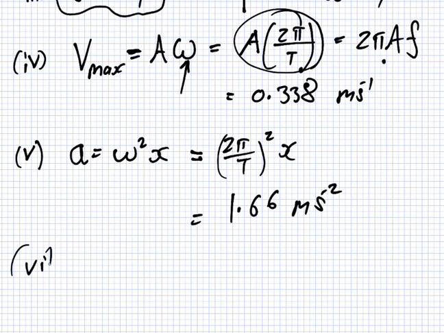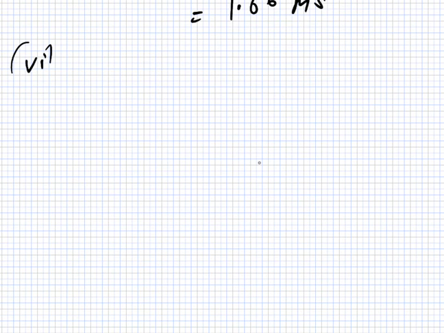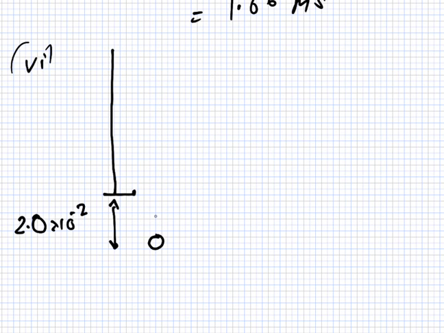And finally, what's the time taken for the mass to move from that position to that position? Okay, so this is a little bit messy. So you have it here, and here's the equilibrium, and it moves from this position, which is 2.0 times 10 to the minus 2, and it goes up to the same distance above.